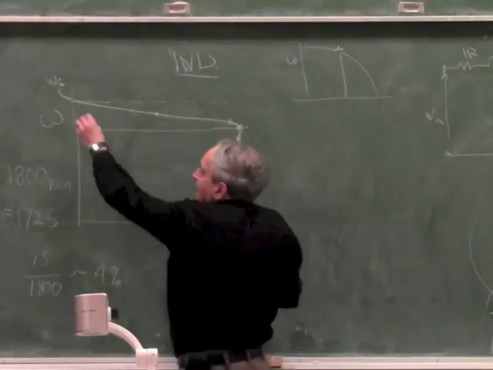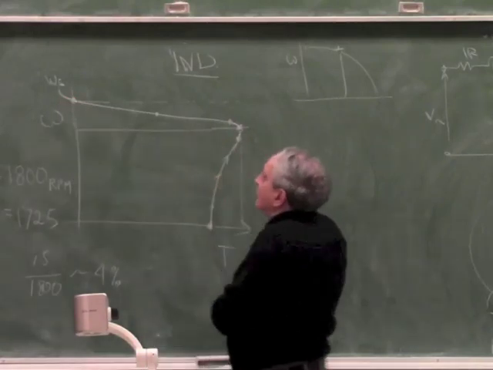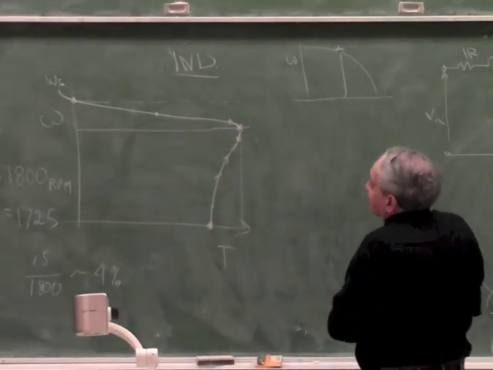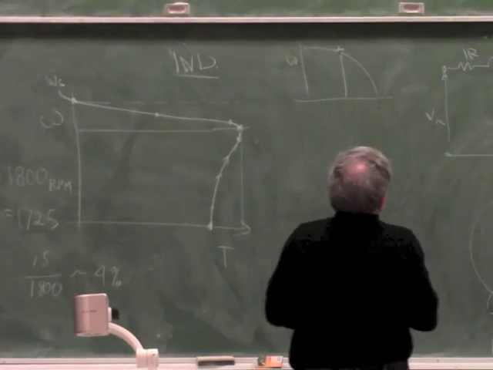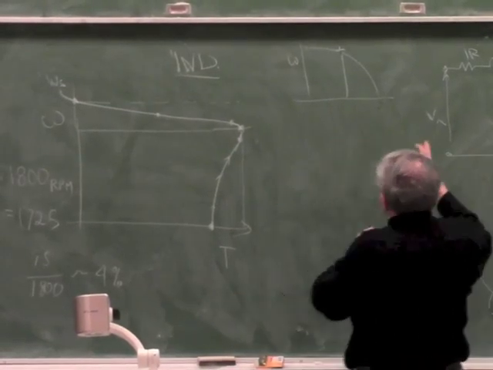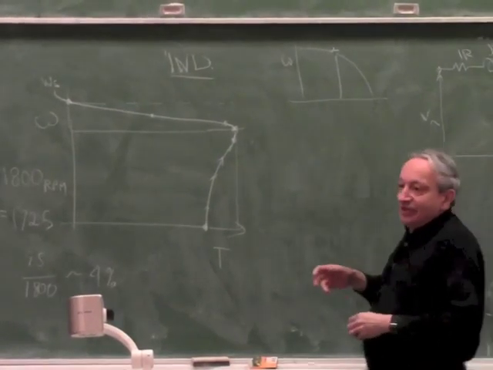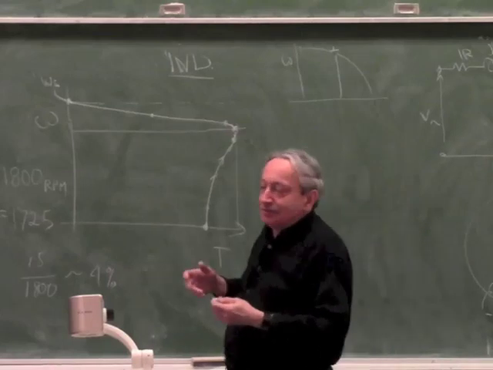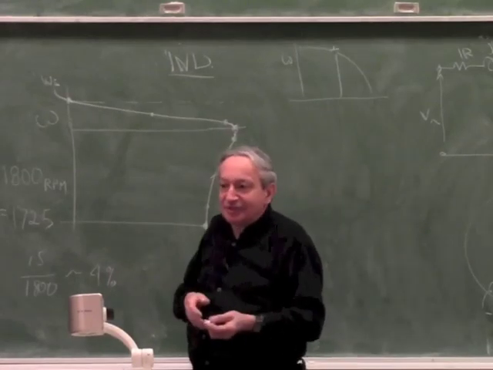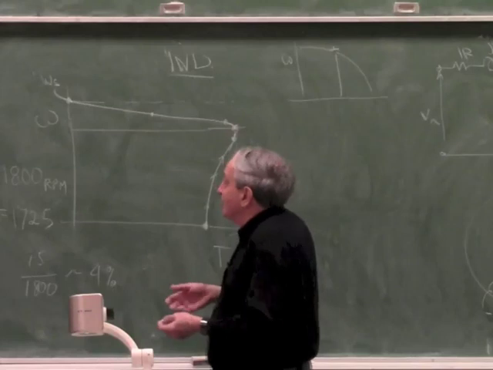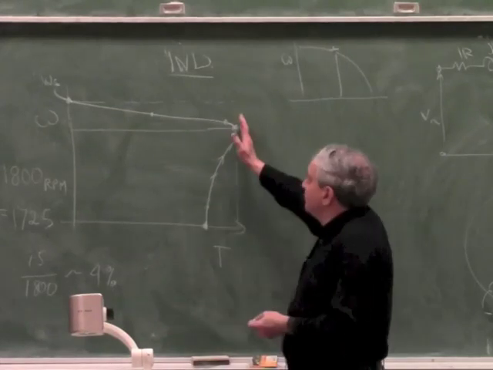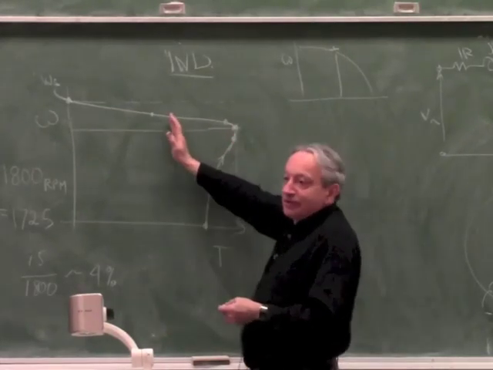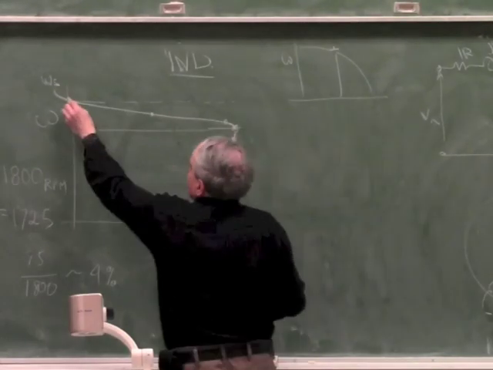Yes, it has to start from here, from synchronous speed. Lower voltage means less current at the end, because it's back to this equation like before, that the current is the difference between the voltage and the EMF divided by the impedance or resistance. If you have less voltage, you have less current, less torque, so it can't reach this torque. It can only reach a lower torque. So it will have to look like this.